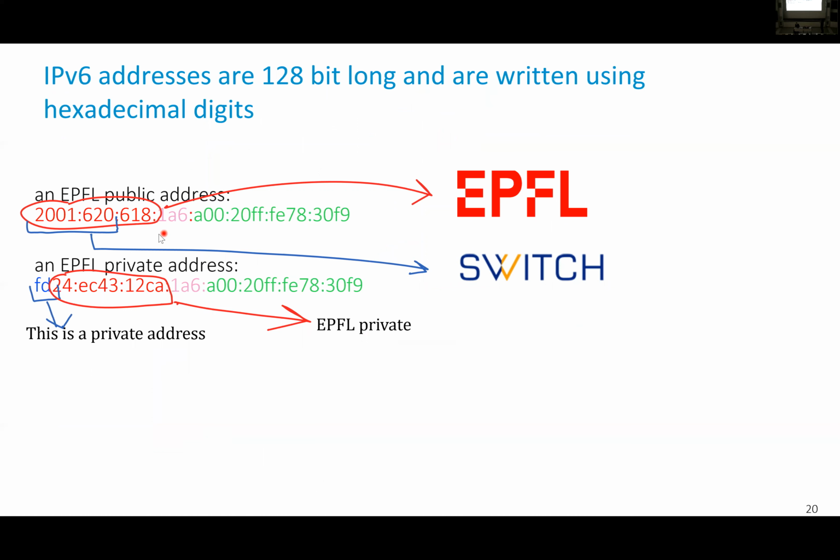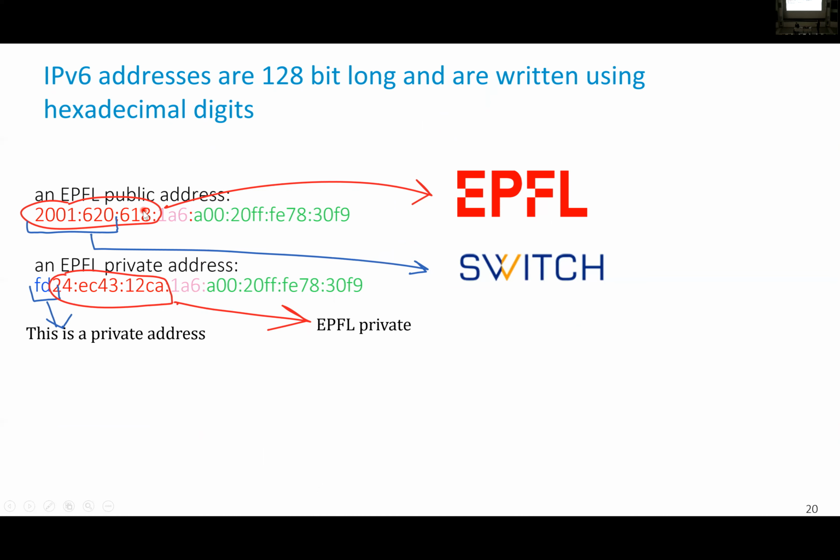As you have noticed, we use hexadecimal digits with IPv6. Using hexadecimal digits divides by 4 the number of symbols, but the address is still very long. And IPv6 addresses exist in 2 flavors, public or private.